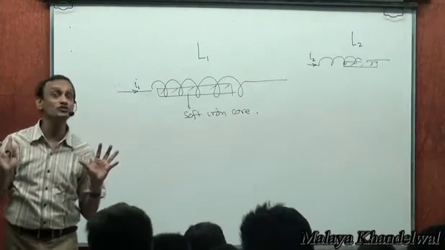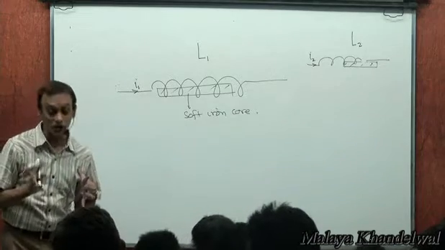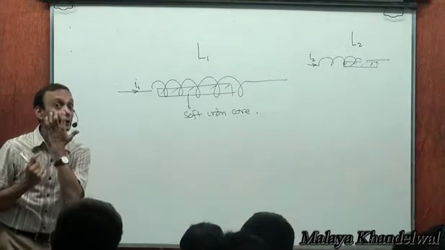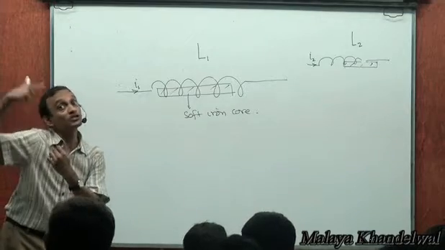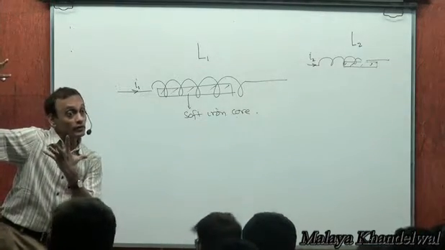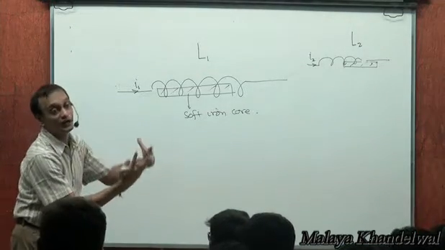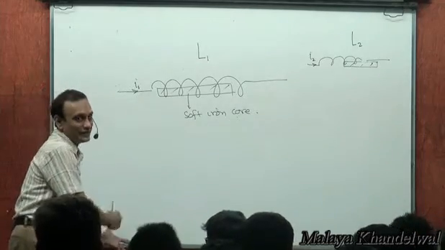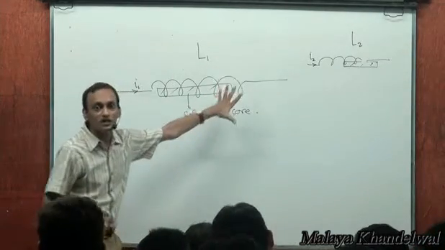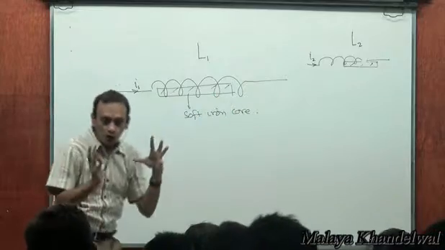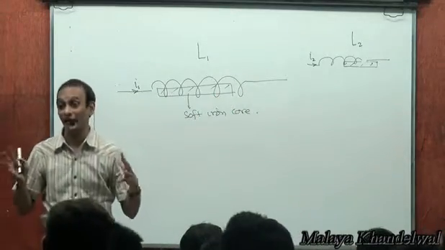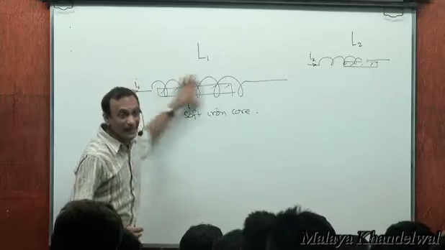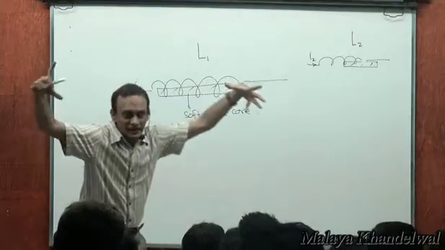Just like the conservation of linear momentum in the absence of an external force, where the total linear momentum of the system is conserved, there they had mass into velocity. Here you have L into I instead of M into V. With this sudden change of L, what remains preserved is L into I, which is the flux associated with this.